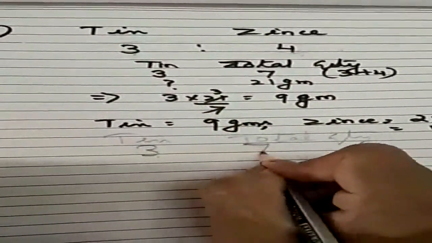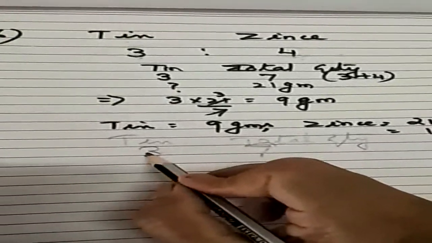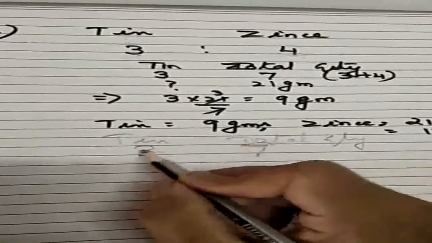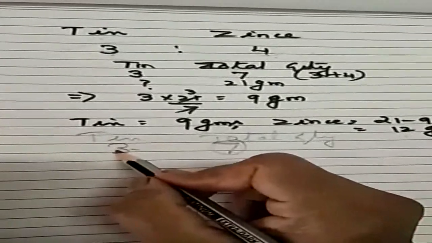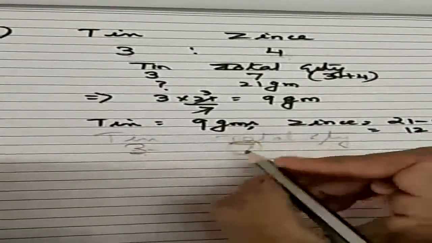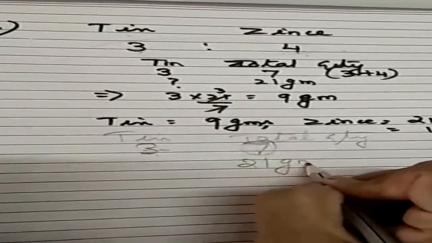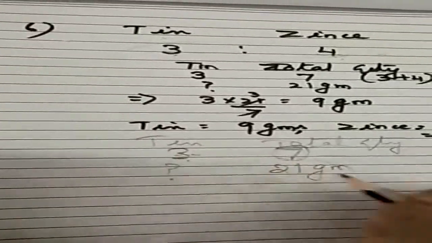So out of the total 7, the tin quantity is 3 in the ratio. Now in gram, what is the total quantity? 21 gram. Out of 21 gram, what is the quantity of tin?